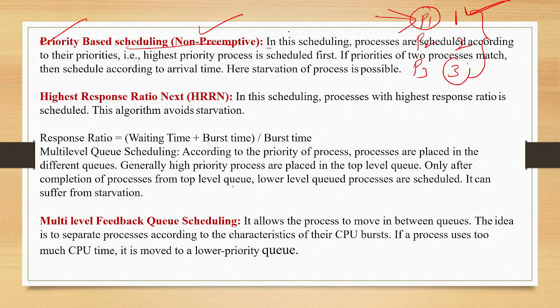Suppose the question says the highest number is the highest priority, then P3 will get the highest priority. Based on the question we have to decide which has the highest or lowest priority. Generally they give the smallest number as the highest priority. P1 has the highest, next P2, next P3, like this.